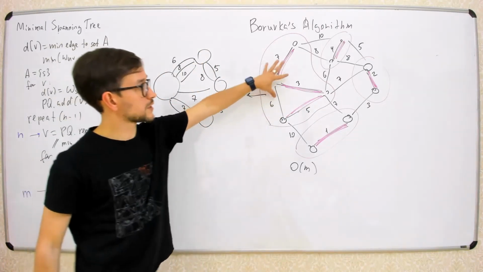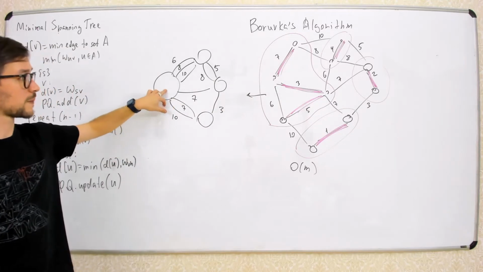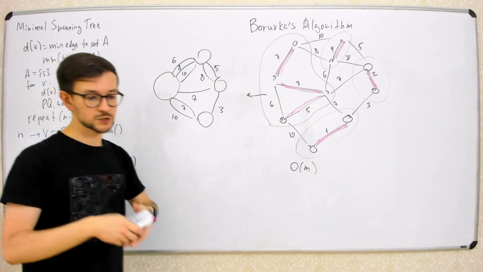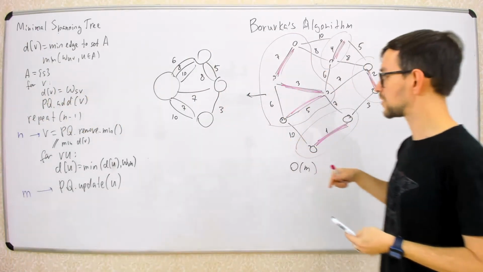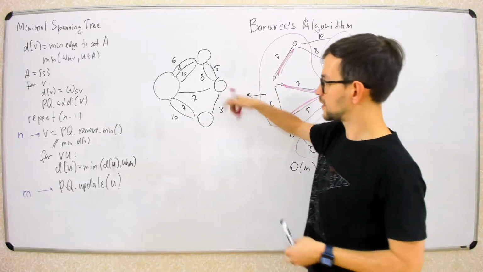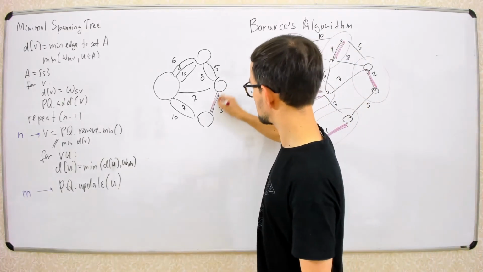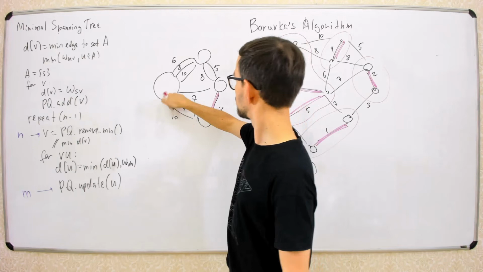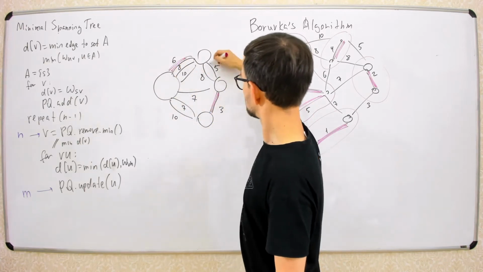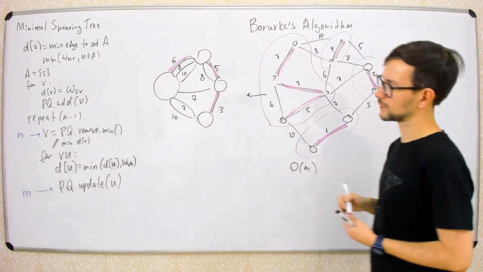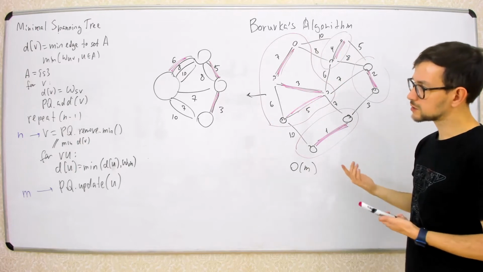Now, you compress all the connected components into nodes and then repeat the same process. So for this graph, again, you take each node and find the minimal edge. For this node, you have this edge. For this node, you have this edge. For this node, you have 6. For this node, you have 5. And that's all.